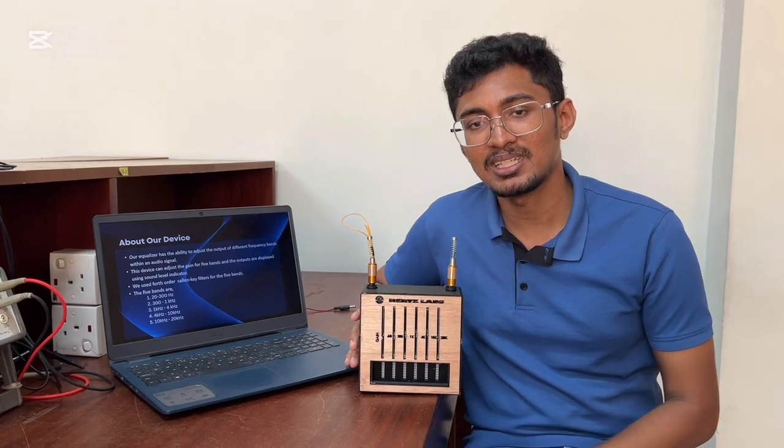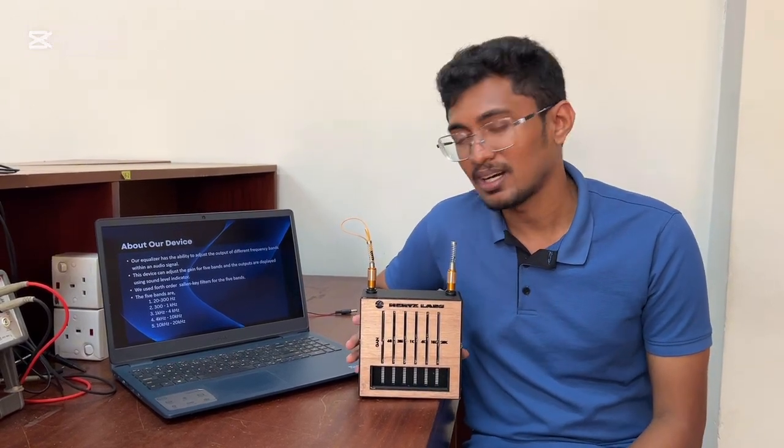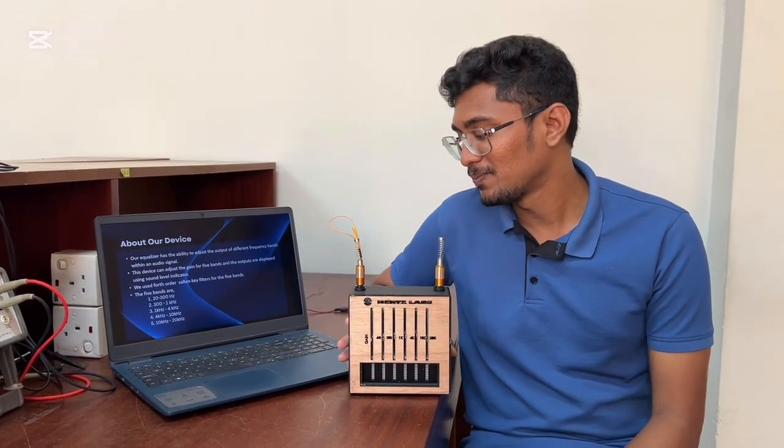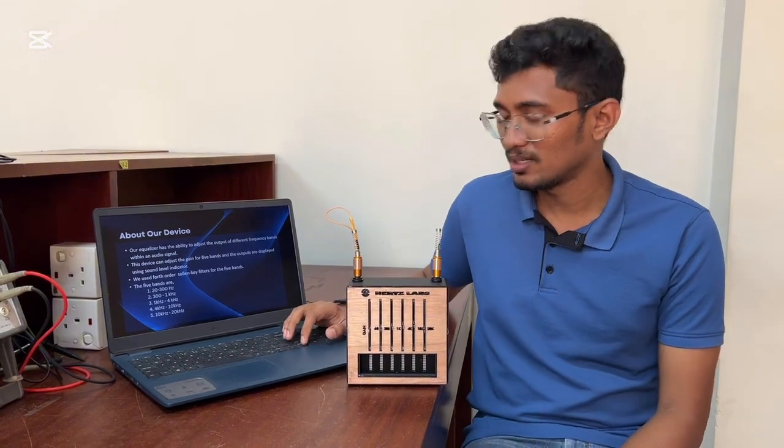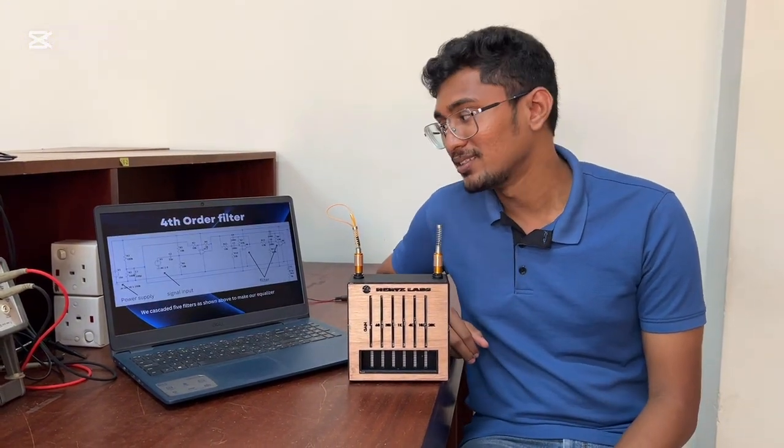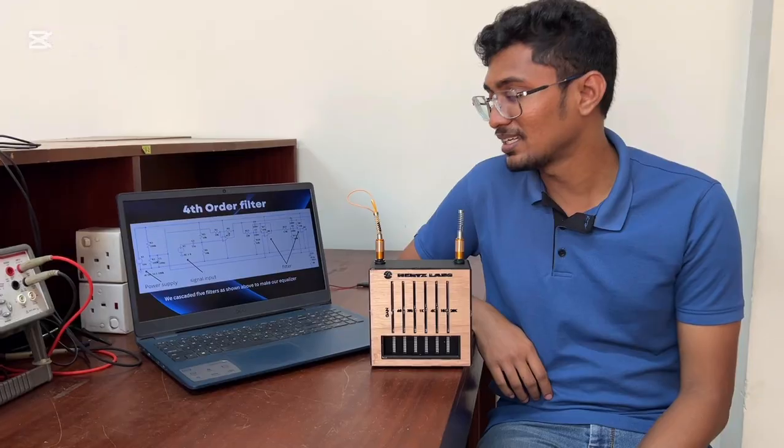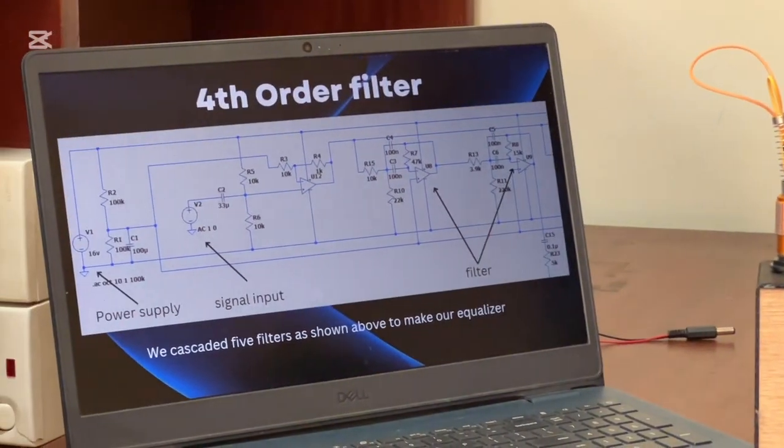We can individually adjust the gains of these audio bands. So going forward, this is a part of our circuit diagram.